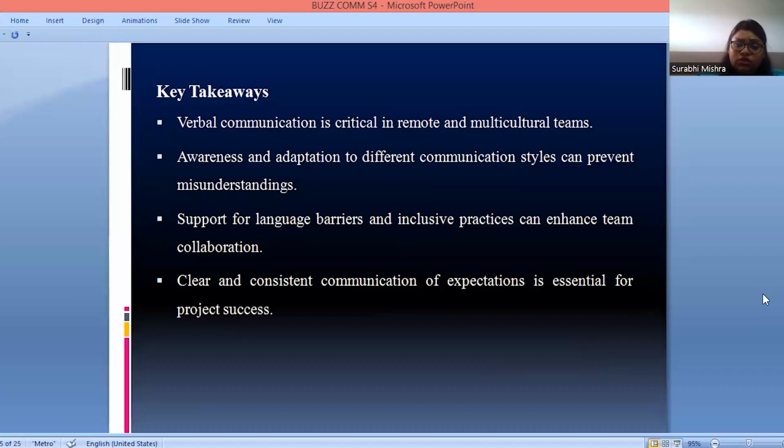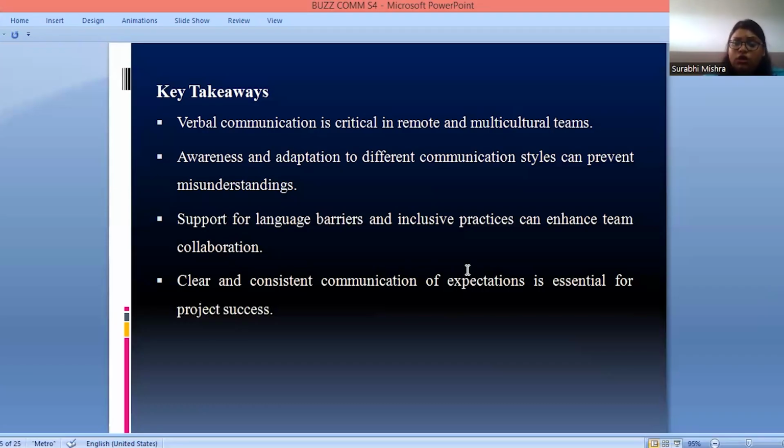This strategy was adopted by Innovators Technology Inc. to improve communication in a professional setup. Support for language barriers was also provided. Verbal communication in remote work is difficult, so they provided language support, translators, and cultural sensitivity training to enhance team collaboration.